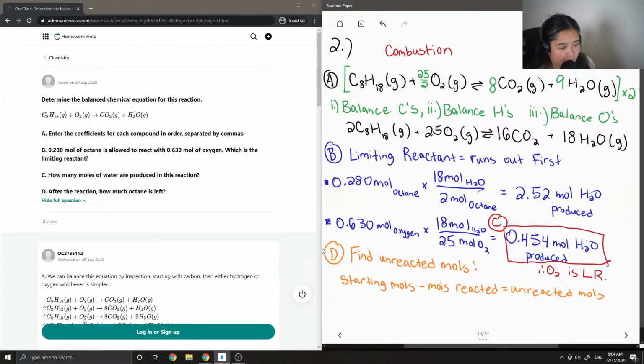So we started off with 0.28 moles of octane. We're going to subtract how many moles reacted.